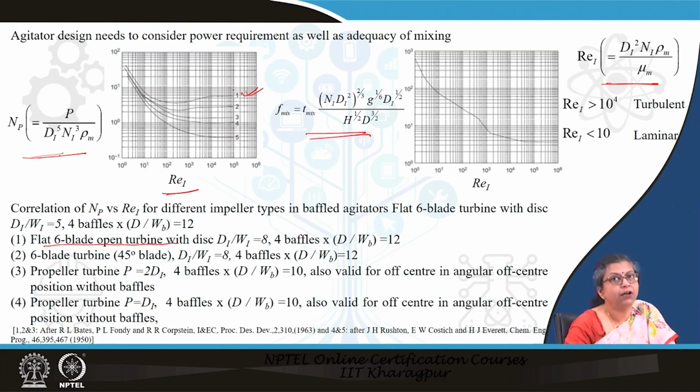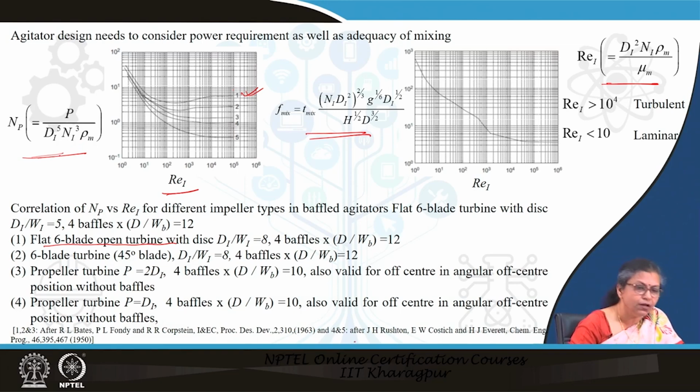Now, one thing you have to remember, not only in design but everywhere in chemical engineering: if you are going for any empirical correlations, then it is very important that you know the units of each and every parameter that you are using.